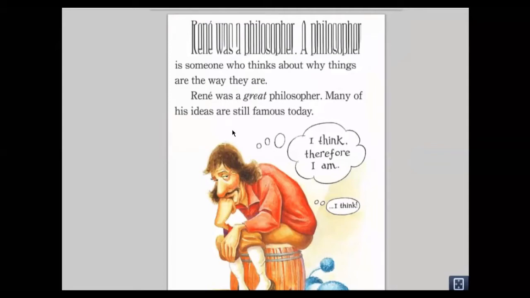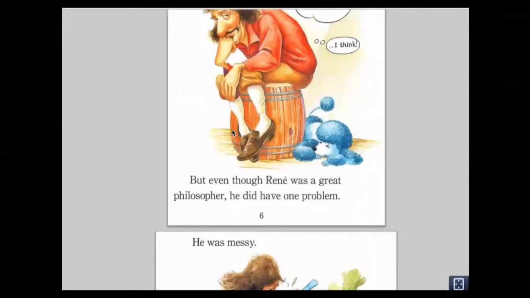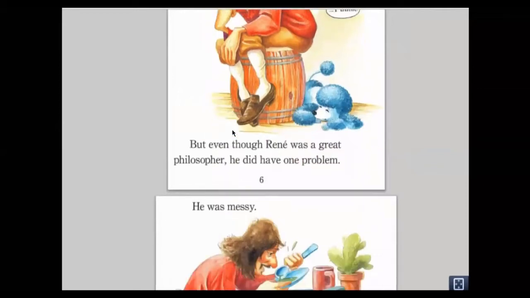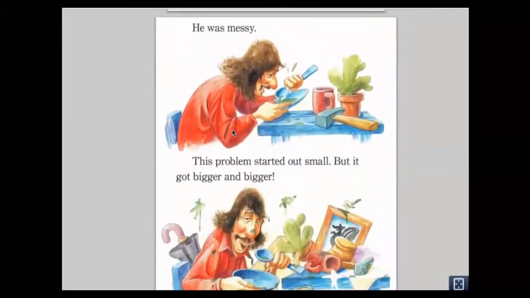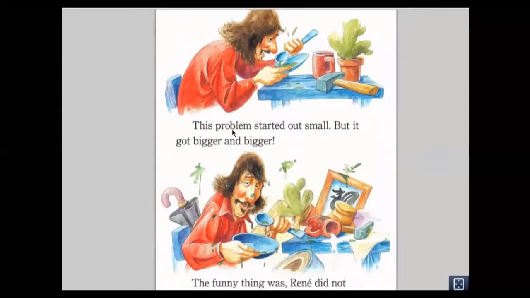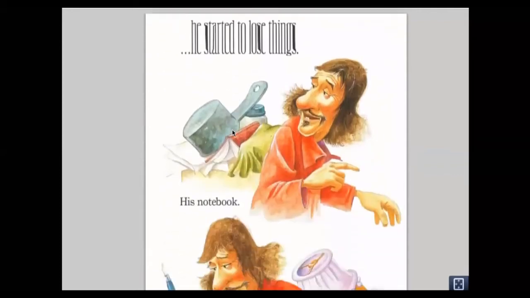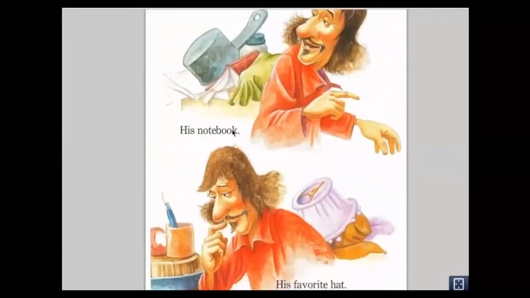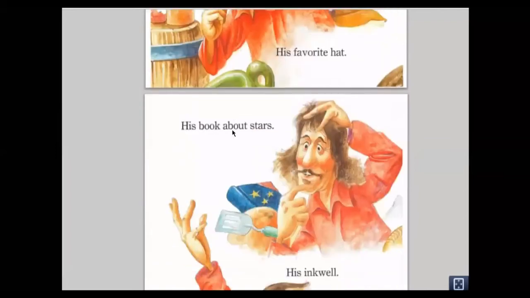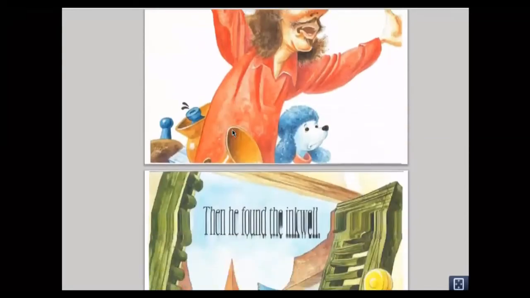I think, therefore I am. I think. But even though René was a great philosopher, he did have one problem. He was messy. This problem started out small, but it got bigger and bigger. The funny thing was René did not know he had a problem until he started to lose things. His notebook, his favorite hat, his book about stars, his inkwell.